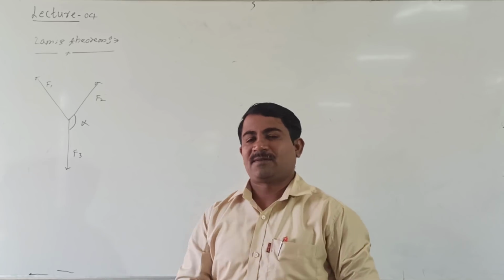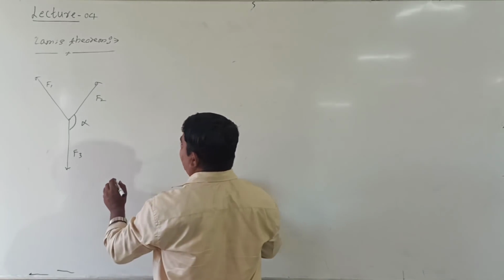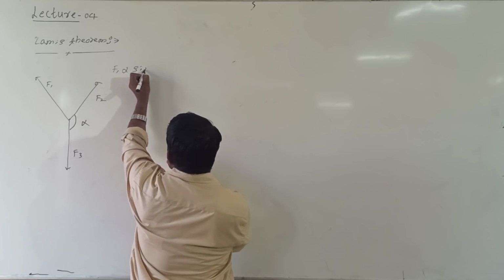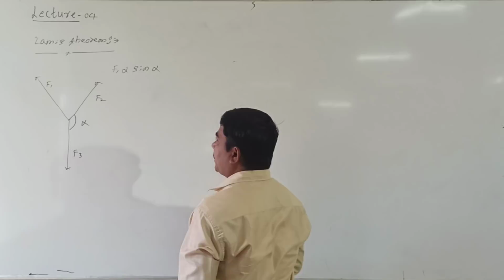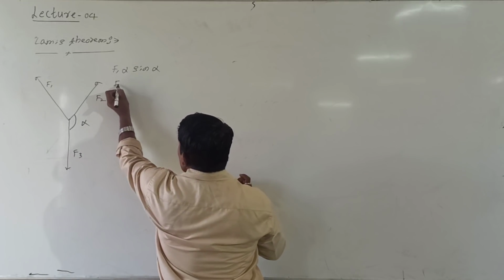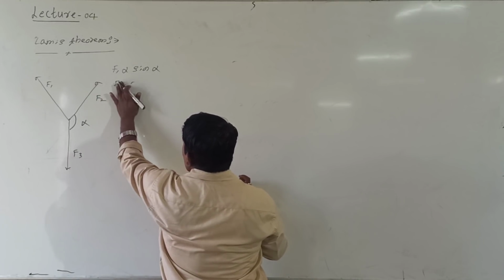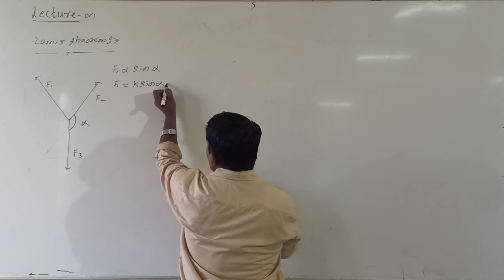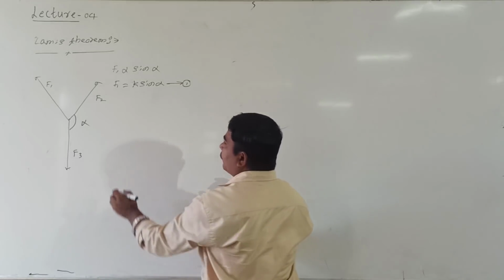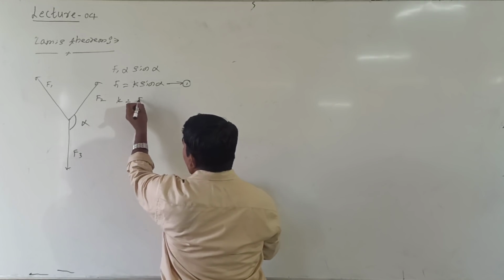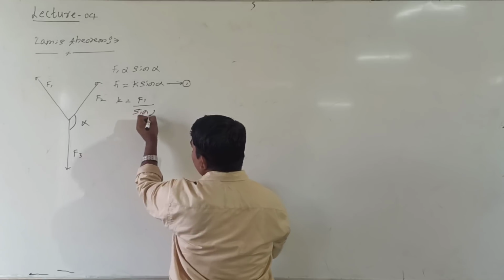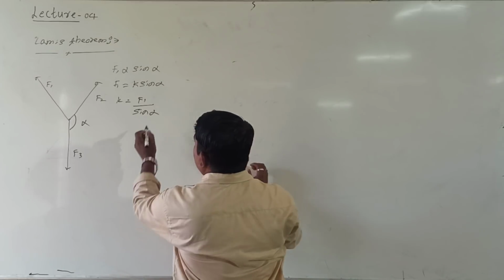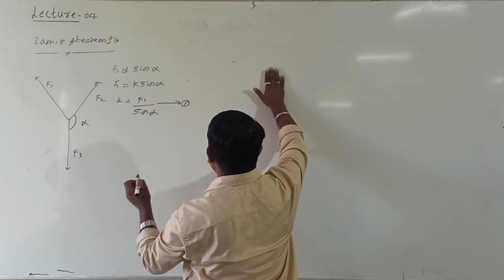So F1 is directly proportional to sine alpha, or F1 equals K into sine alpha, equation number 1. Or K equals F1 divided by sine alpha. Right?